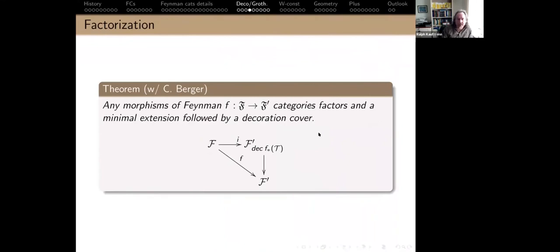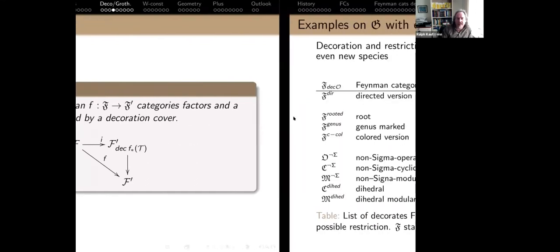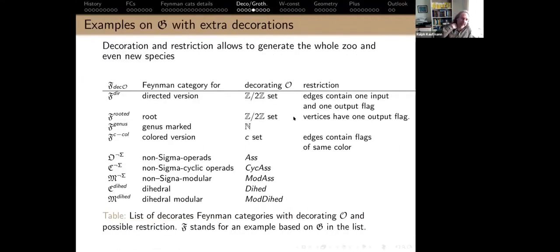So there's always a trivial decoration, and that gives you these minimal extensions, and that will give you a factorization system. But let me go through this. I promise that you can now get this zoo by just decorating, and it's kind of nice. You get directed versions by decorating by something. You get the genus marking by decorating with an N. You get colored versions by decorating with a colored set.